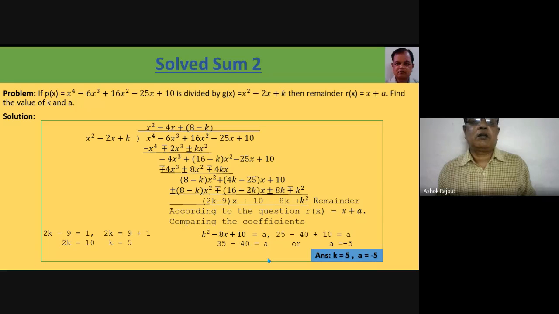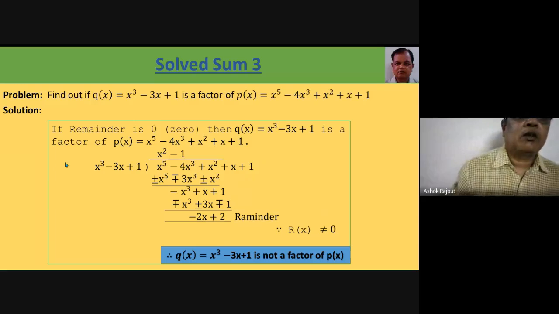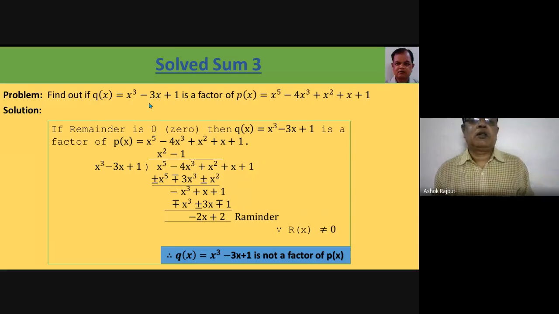Now next sum is: find out if q(x) equal to x cube minus 3x plus 1 is a factor of p(x) equal to x raised to the power 5 minus 4x cube plus x square plus x plus 1. If remainder is 0, then q(x) equal to x cube minus 3x plus 1 is a factor of the given polynomial.